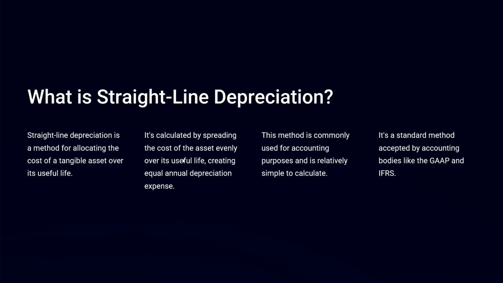The depreciation for this method will be accrued during the useful life of the asset. This method is commonly used for accounting purposes and is relatively simple to calculate. It's accepted by accounting bodies like GAAP and IFRS.